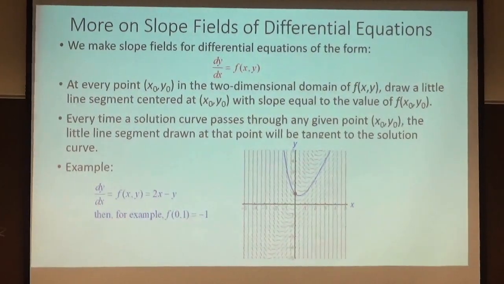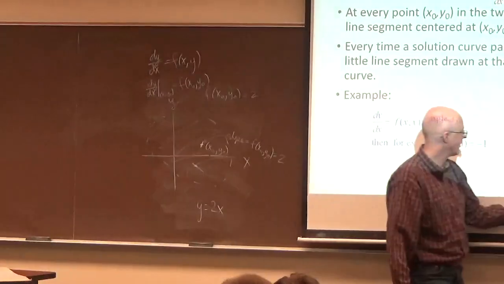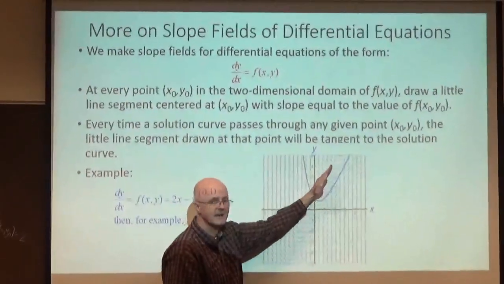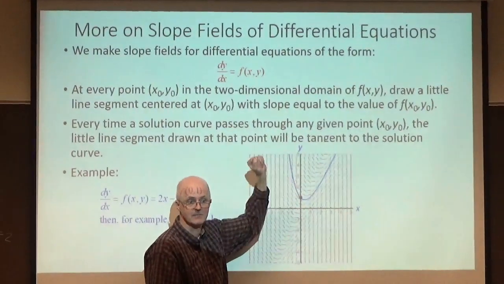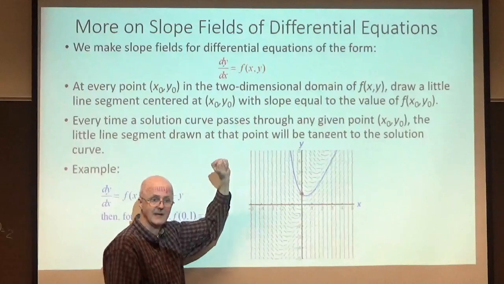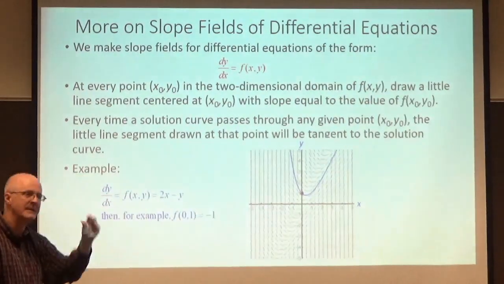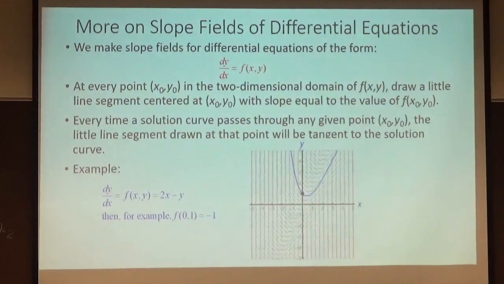In other words, where y equals 2x. A line through the origin with a slope of 2. Along that line through the origin with a slope of 2, the line segments are horizontal, and solution curves have a minimum. That's interesting. It wouldn't be something you would expect without actually making a picture. All right, let's take our break.